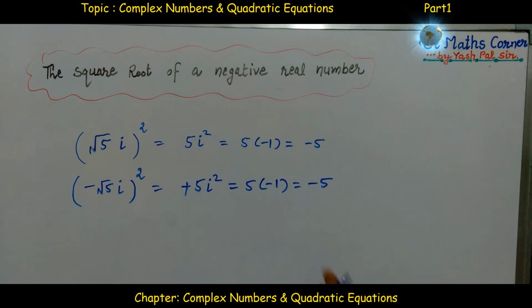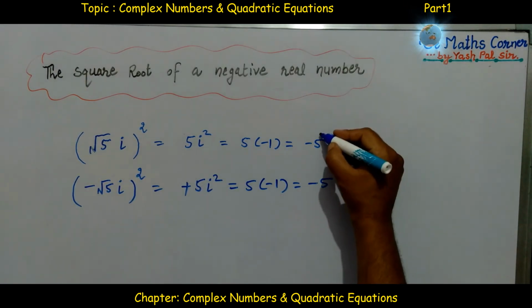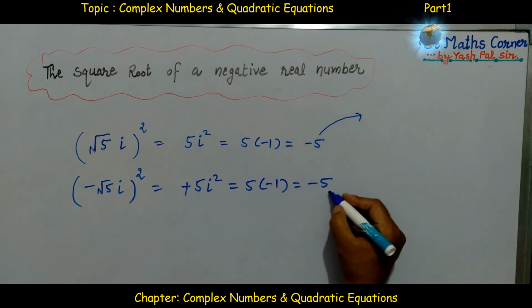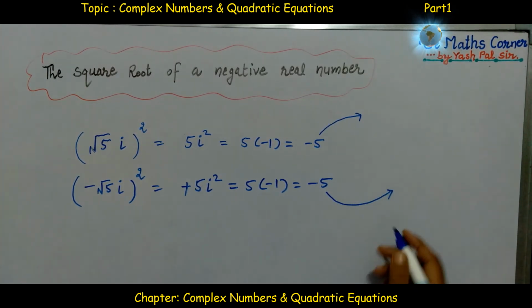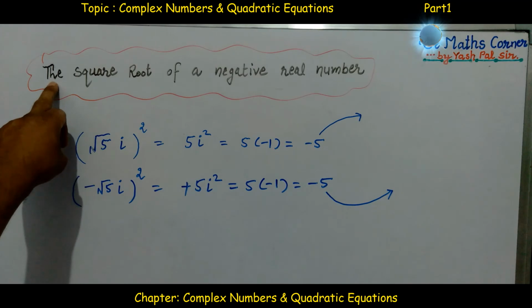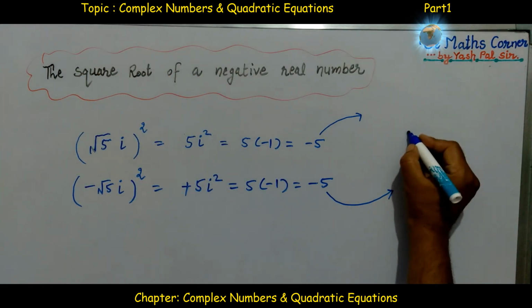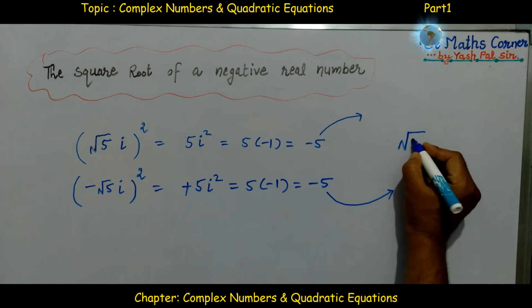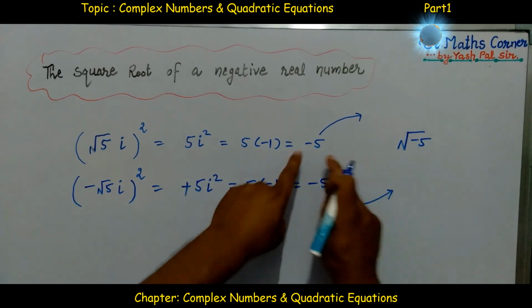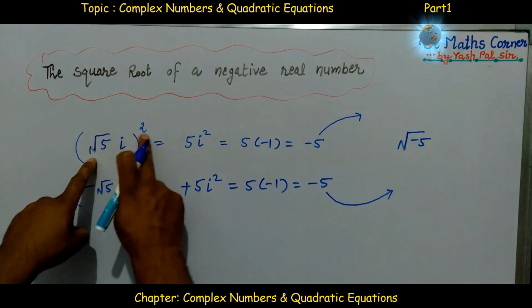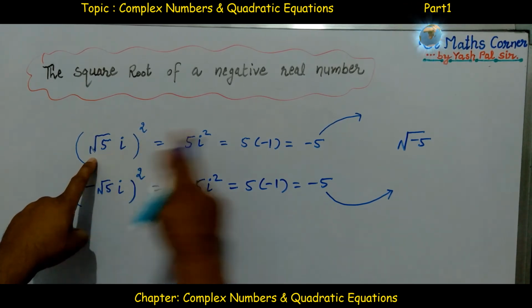So what is the conclusion from this example? We just take minus 5. This is also minus 5. What is the topic? The square root of a negative real number. So if we take the square root of this number, the square cancels with the square root symbol.